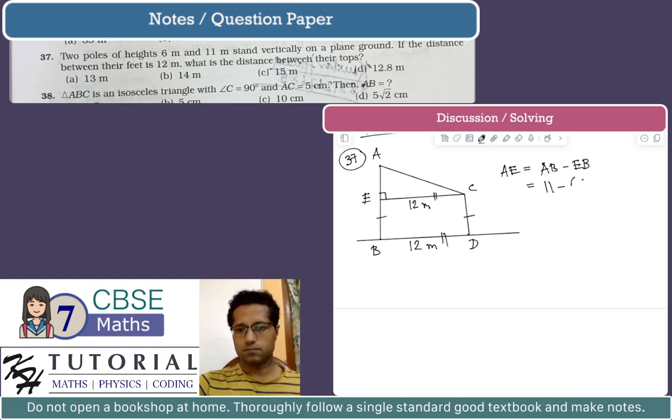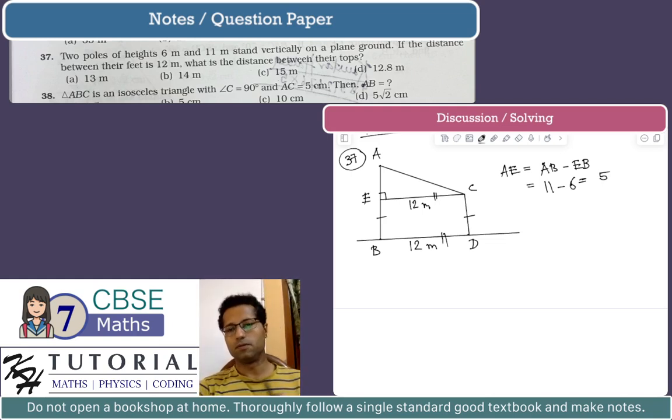So 11 minus 6 is equal to 5. So basically AE is the difference of the two poles. Now please note that in this problem only the difference in height of the two poles could also have been given. Without giving the actual height of the poles, the problem could also give only the difference in height. Then also you can solve this problem.